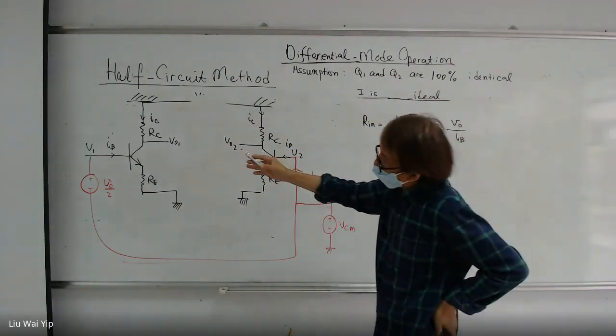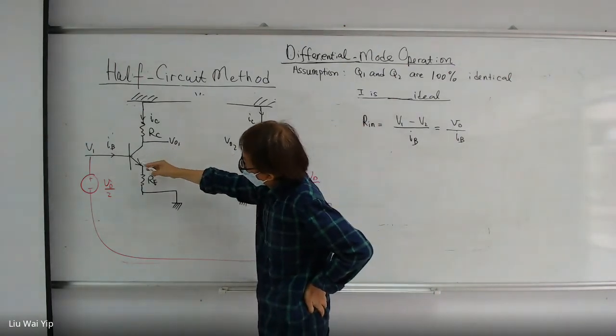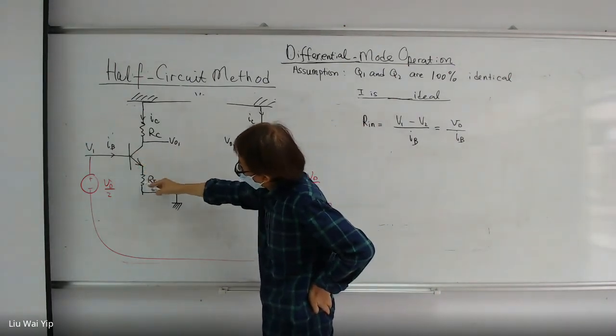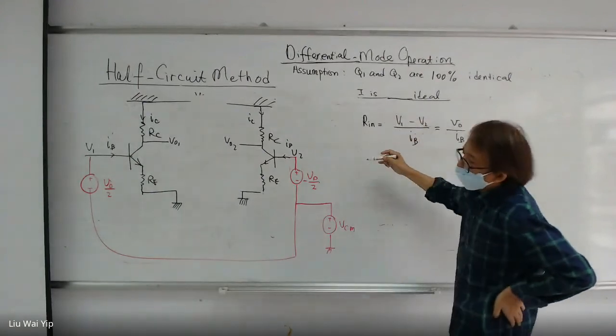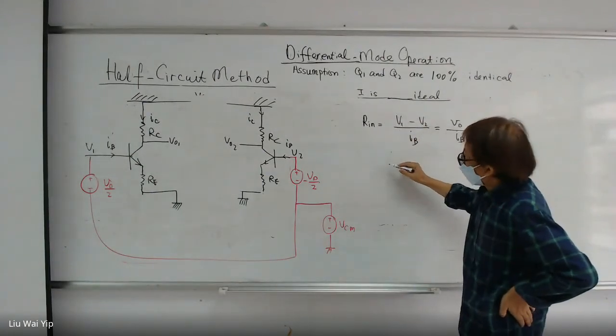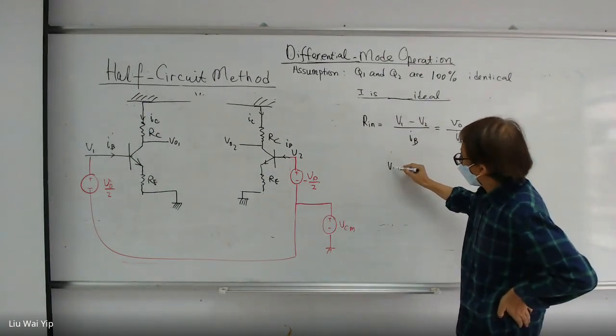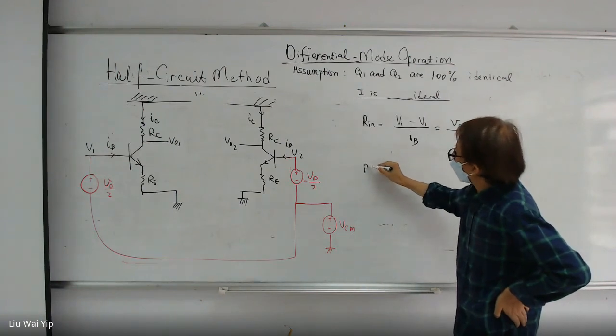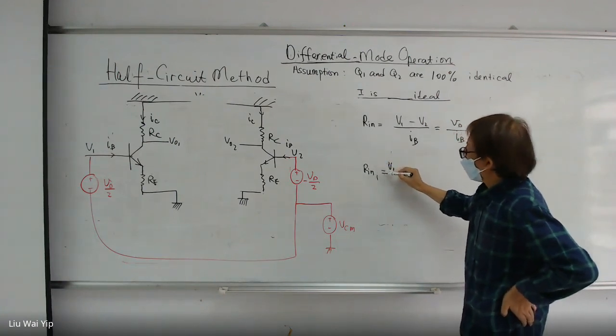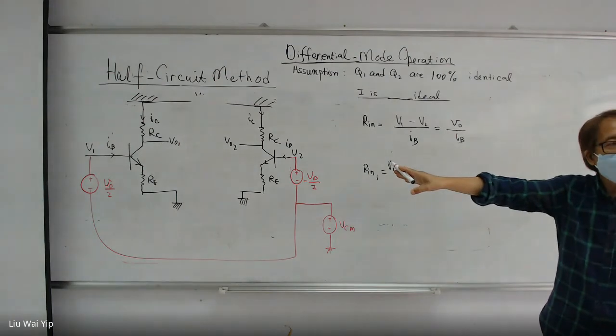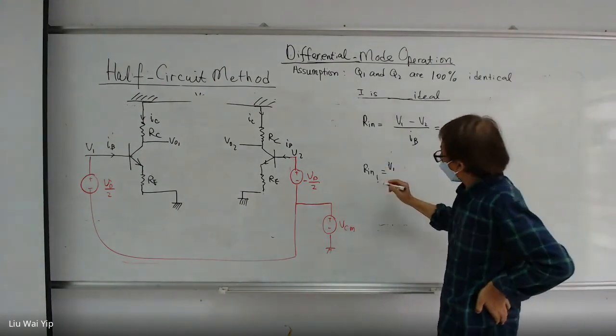According to what we can see, we have V in, and what is that? Rin1 is equal to V1 divided by the current, IB.